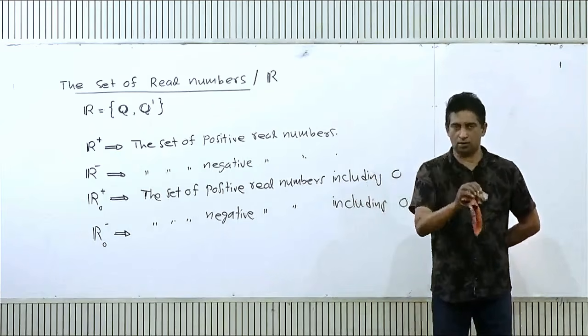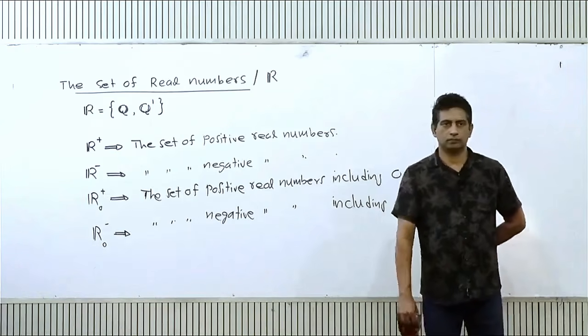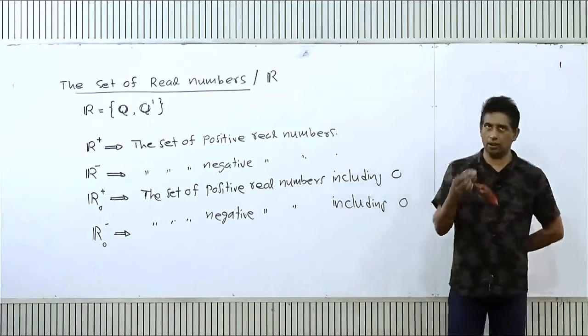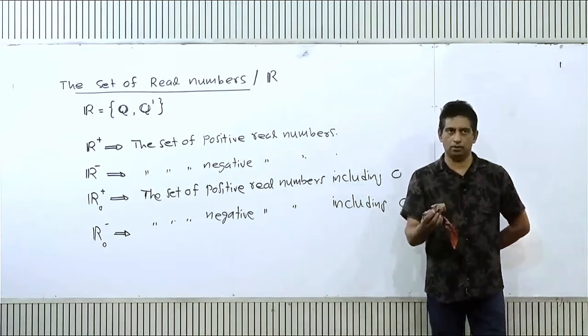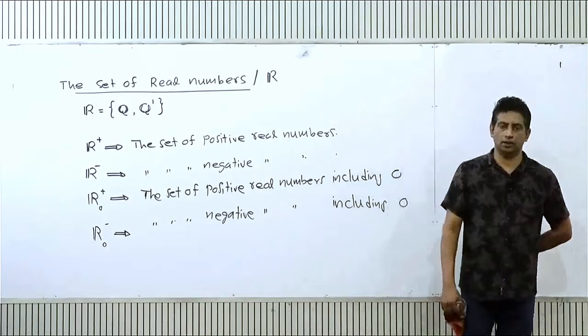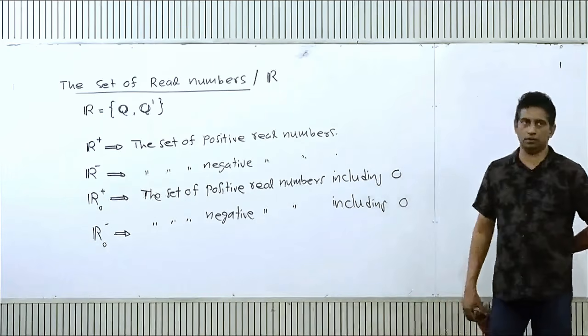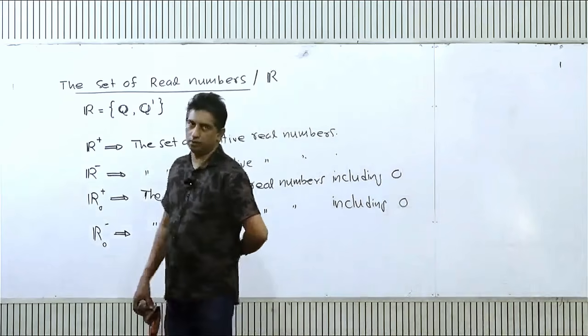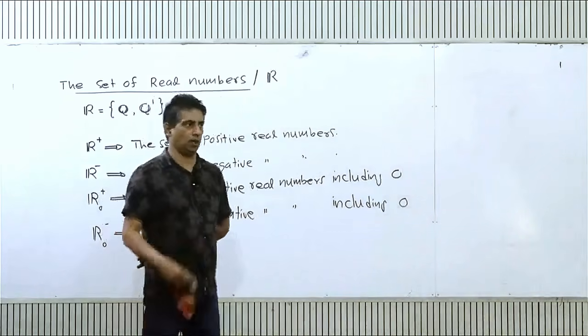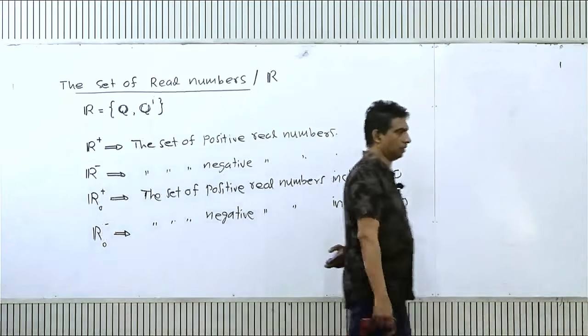Every point on that straight line denotes a real number. Then we can name that line the real number line or number line. So we can now go to the second topic.